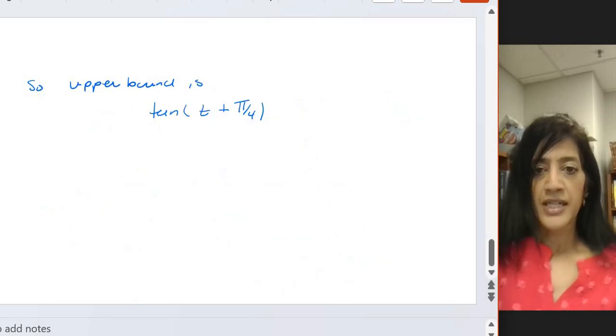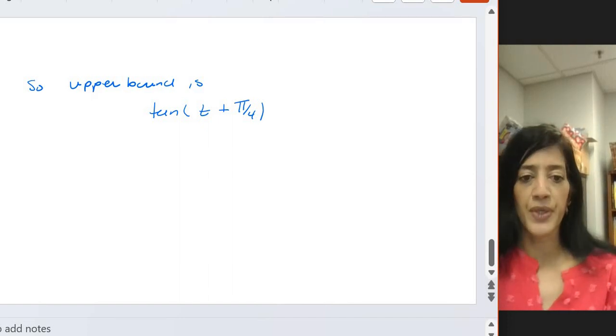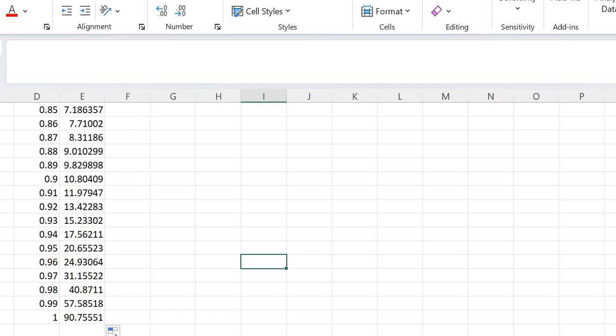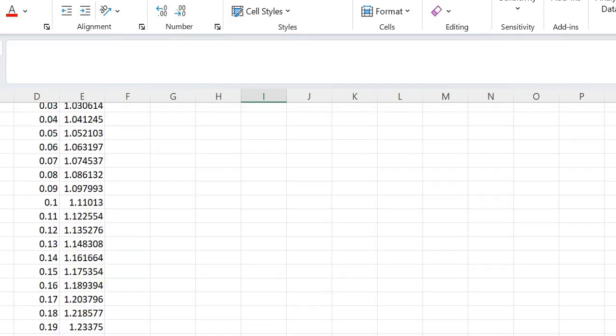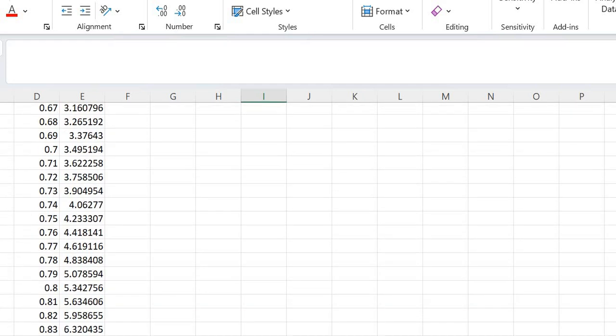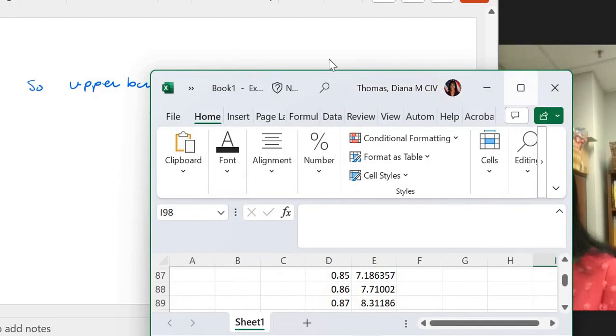So let's look at first the numerical solution. If I use 0.01 as my step size, and I just run Euler's, I did this on Excel, I ended up with 90.755 as the right-hand side. Let's move this over so you can see what happens when I use 0.5 instead.